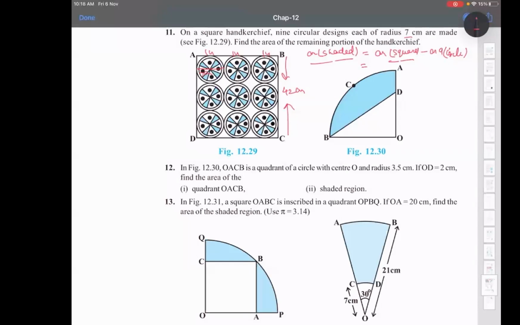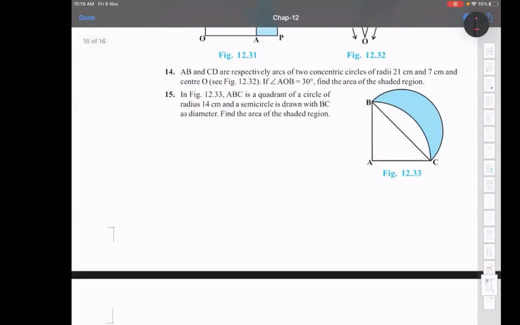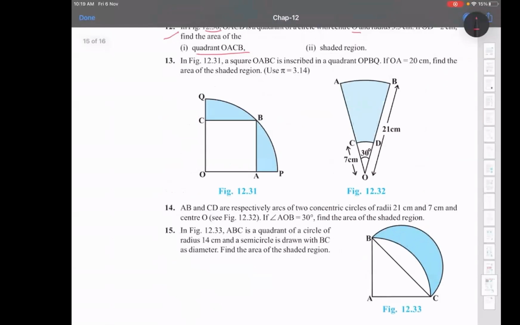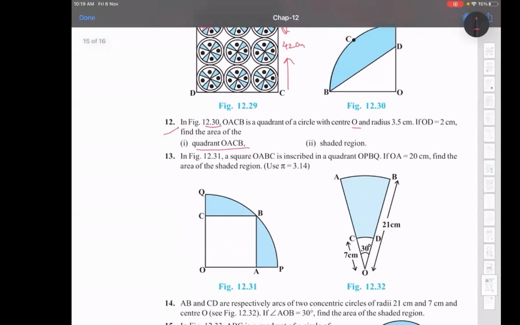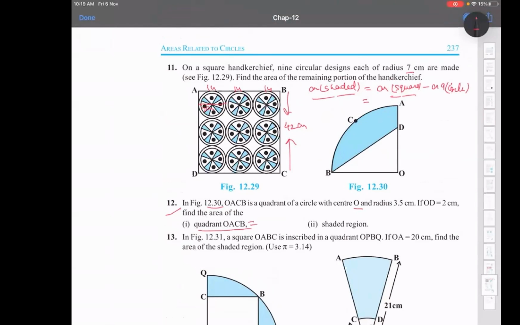Question number 12. In figure 12.30, OACB is a quadrant of a circle with center O and radius 3.5. If OD is equal to 2 centimeter, find the area of the shaded region. Easily we can find the area of quadrant by using the formula pi r square upon 4.